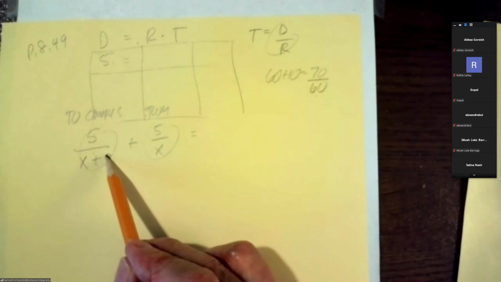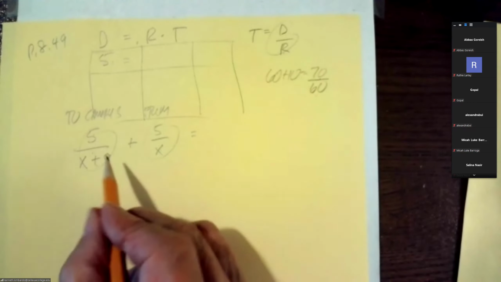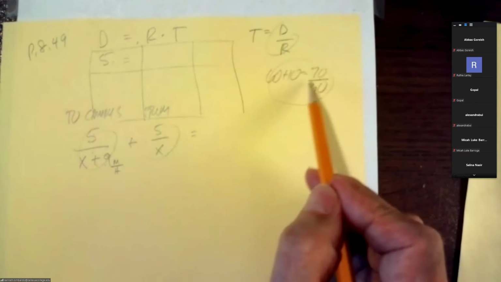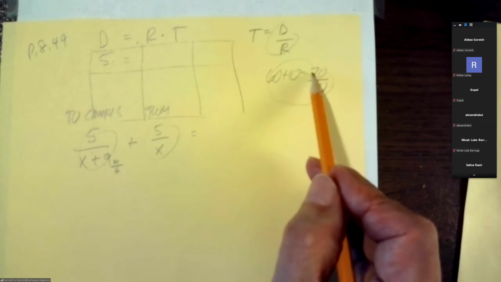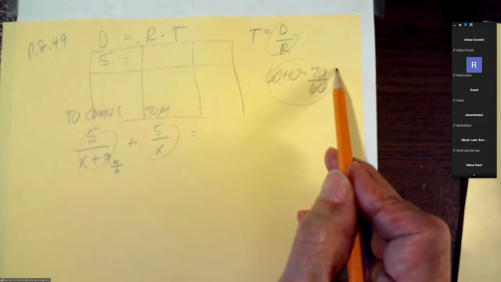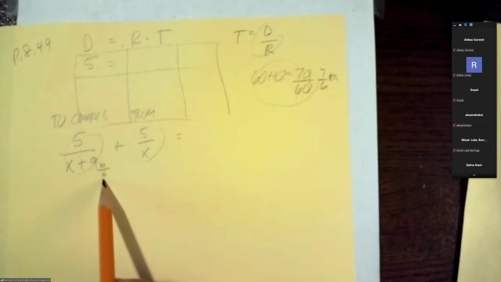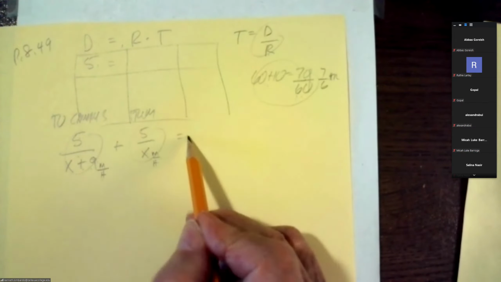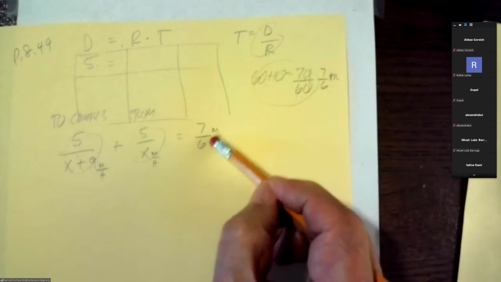These are given in miles per hour, so we want this in miles per hour. So 70 minutes, an hour and 10 minutes, is 7/6 hours. Let's keep everything in hours because this is rate in miles per hour. And so the total time is 7/6 hours.